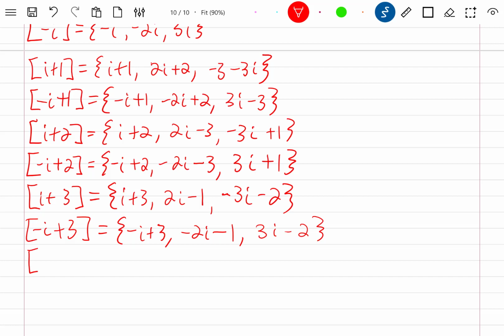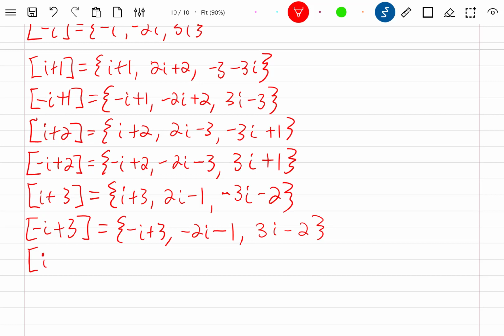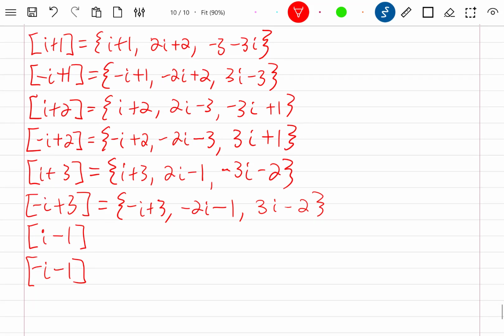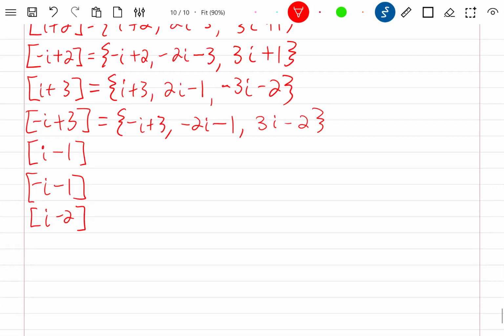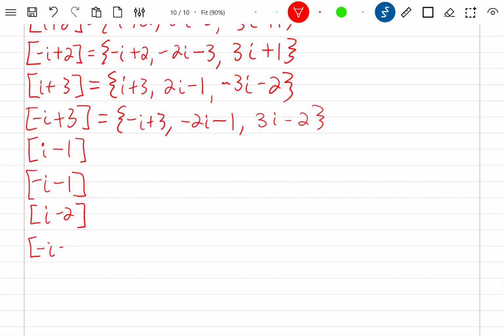And then we keep going, and what happens is I will get i minus 1, minus i minus 1, i minus 2, minus i minus 2, i minus 3, minus i minus 3, and we can fill all of these out and just verify.